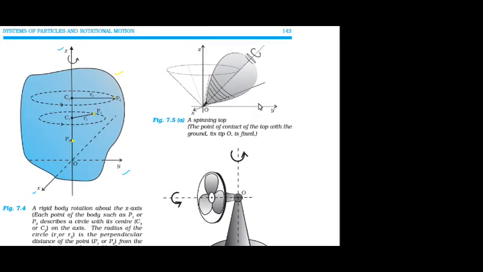Here the axis is not fixed. When it is at full speed, it is rotating along the z-axis, and when the speed is a little less, it is tilting down towards the y-axis. So in this case the axis is not fixed for the top.